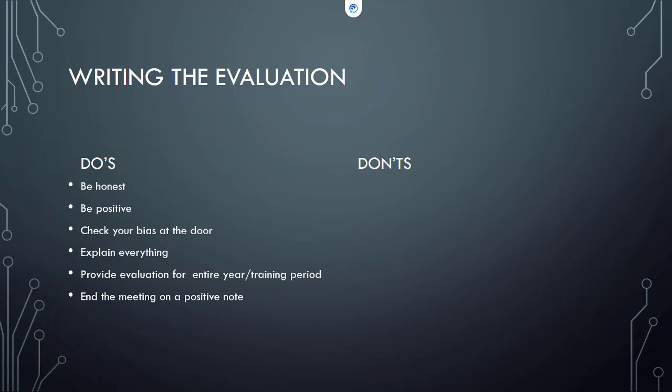When you get into the actual meeting, start the meeting with a positive note, end the meeting with a positive note. Start out by telling them that you appreciate all the hard work that they've done. Tell them that you appreciate them being on time. Appreciate them being organized. Our worst employee has done things that can be noted positively.